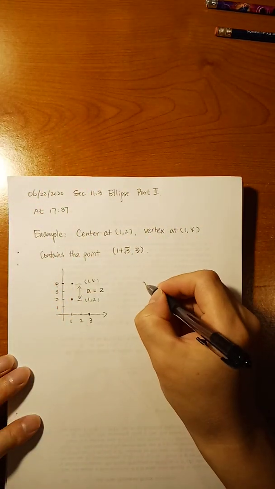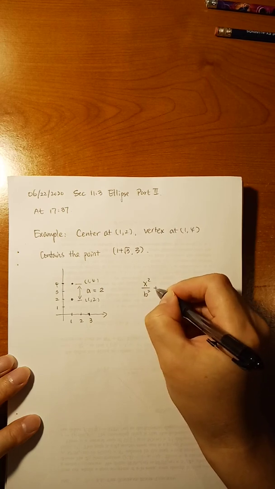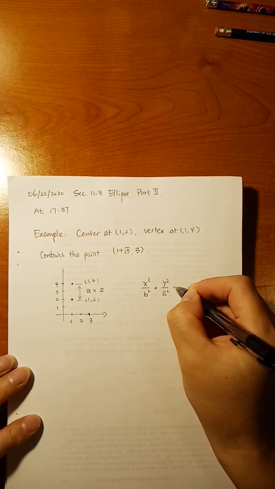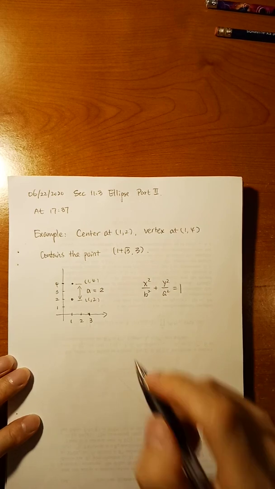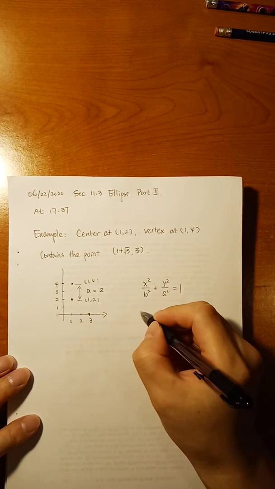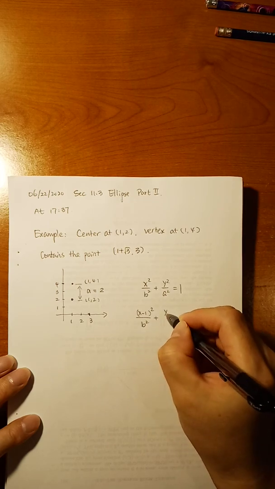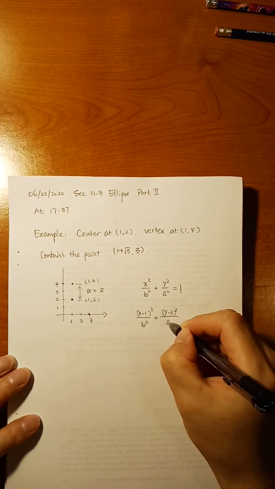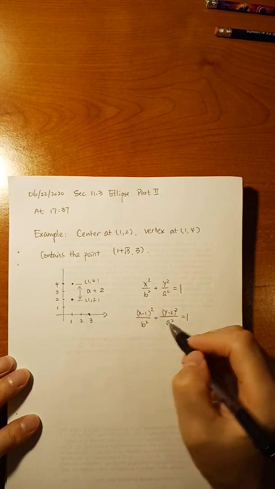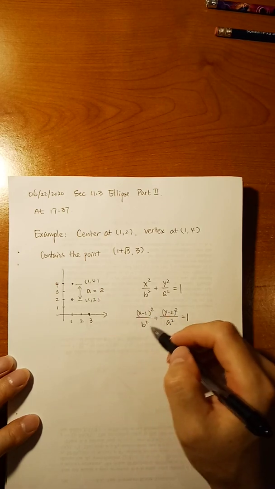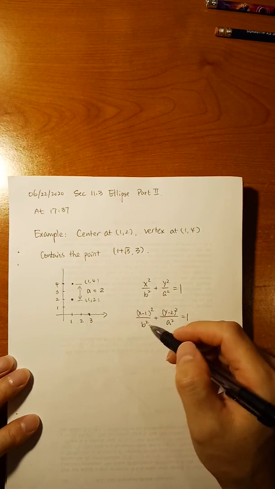So it's the x squared over b squared plus y squared over a squared type. It's a vertical type. And the center is 1, 2, so it's x minus 1 squared over b squared plus y minus 2 squared over a squared is equal to 1. So a is 2, so the only unknown number is this b squared.